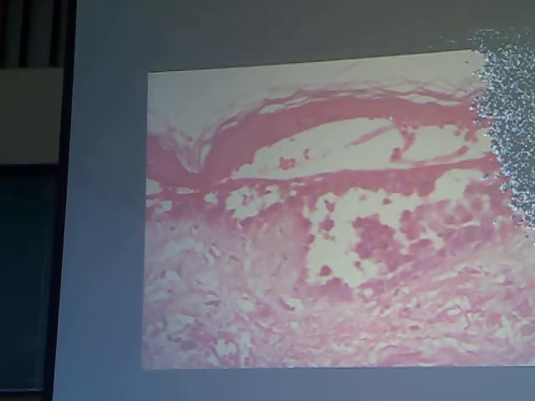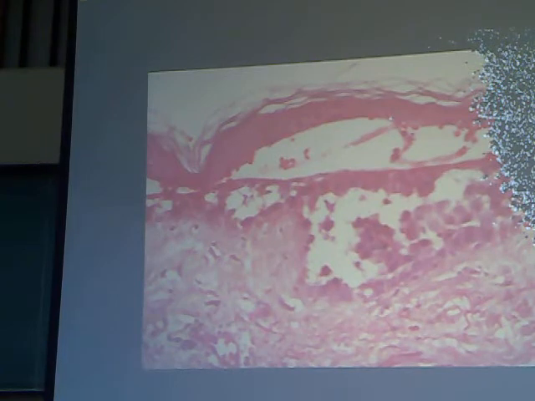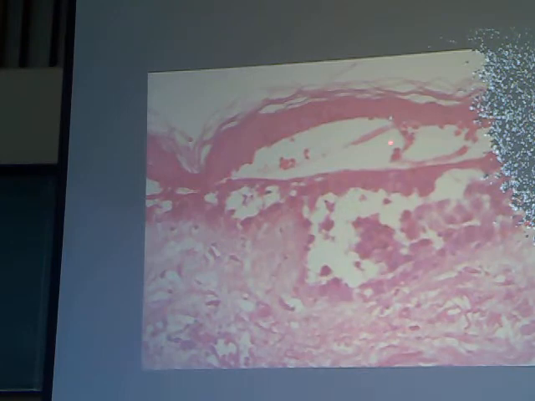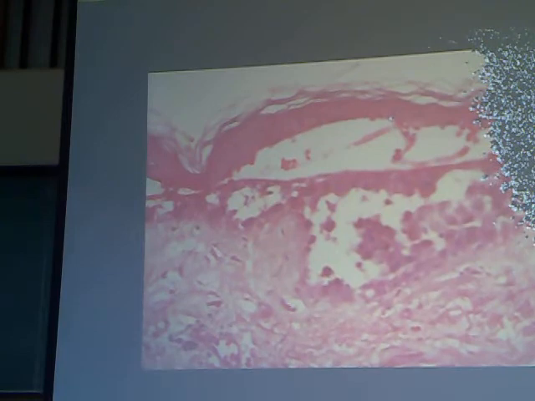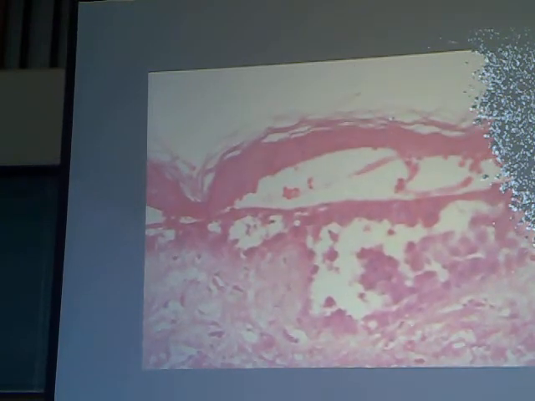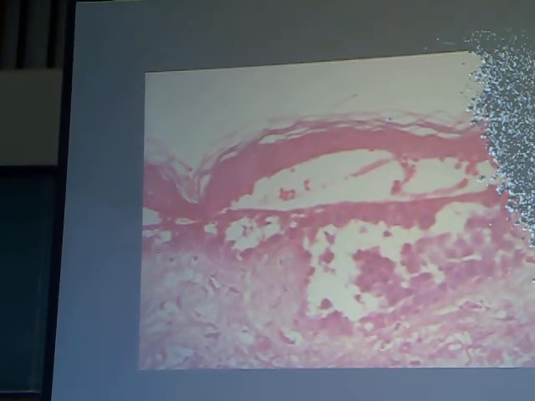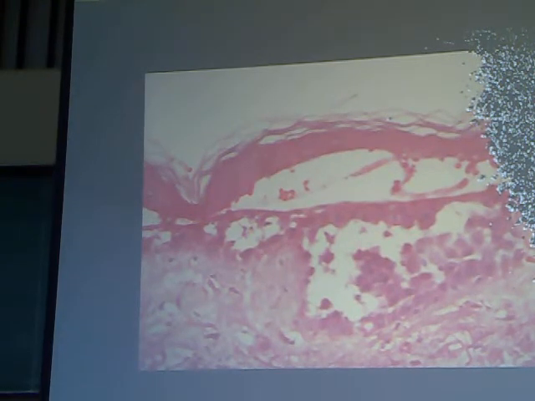Unfortunately, it is still not yet fully understood why the immune system is producing antibodies that will attack normal proteins, normal antigens in the skin. So that is why pemphigus is also classified as an autoimmune disorder. That is the common feature of all autoimmune disorders. The cause is still not fully understood, not yet discovered or identified.